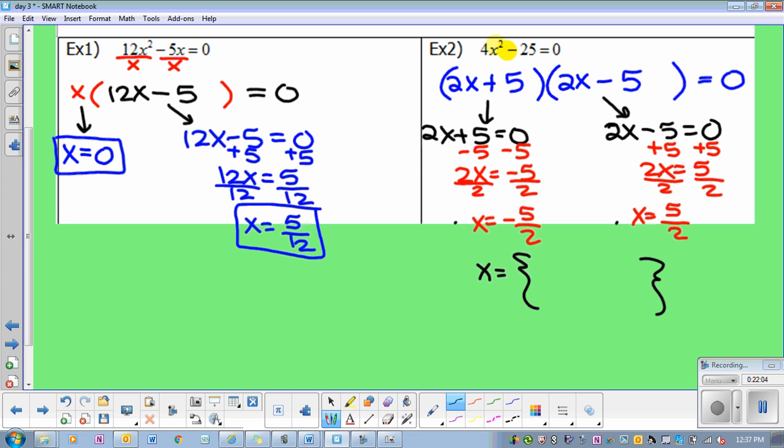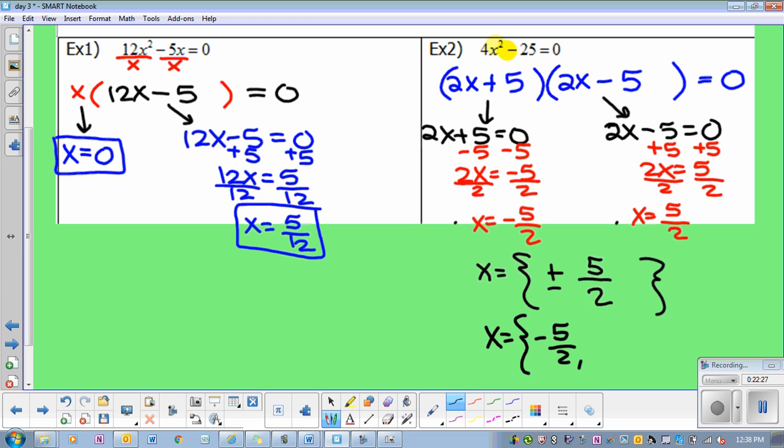I mean, we're not going to mark it wrong if you don't, but technically you should. And since they're both 5 halves, one is positive and one is negative, you could write this as plus or minus 5 halves. Let's just get used to seeing this, because you're going to see that a lot. You could write it like this, or you could just put them separately.